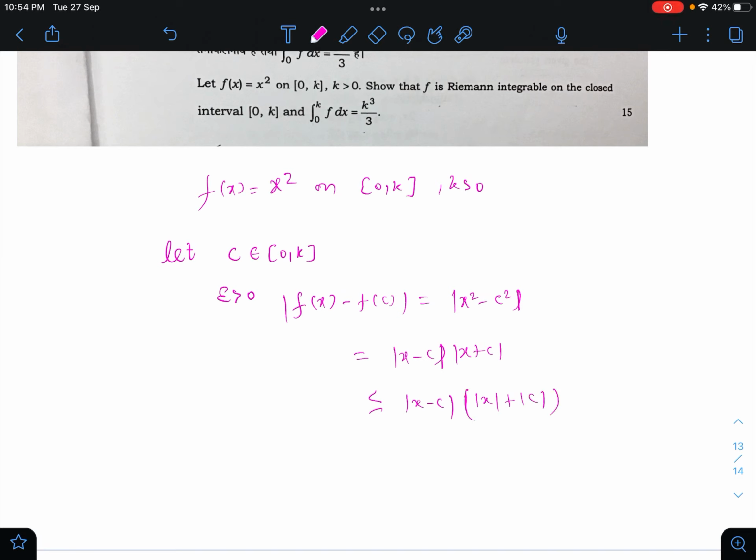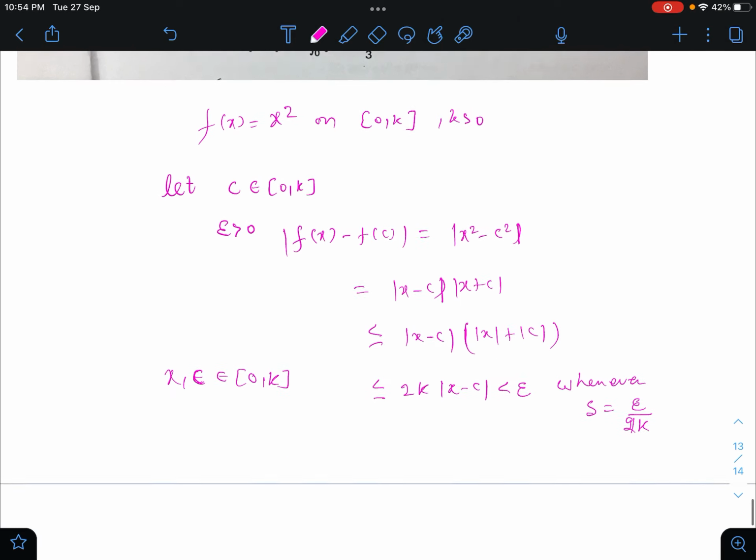Since x and c belong to this closed interval 0 to k, that means |x| and |c| are less than or equal to k. So this is less than or equal to 2k |x minus c|, which is less than epsilon whenever delta is equal to epsilon by 2k.